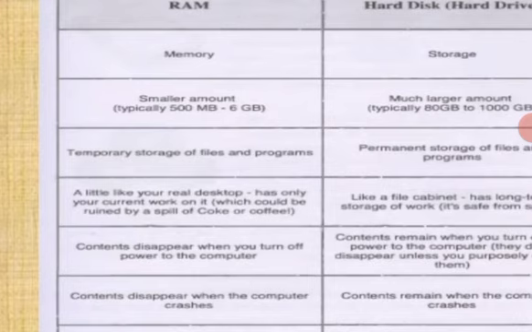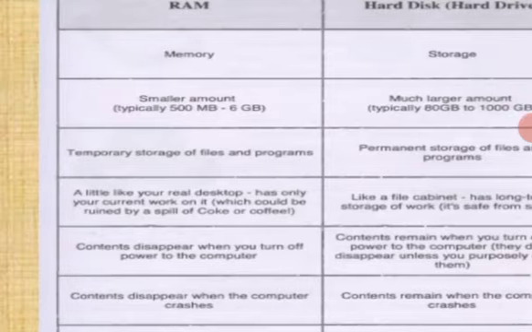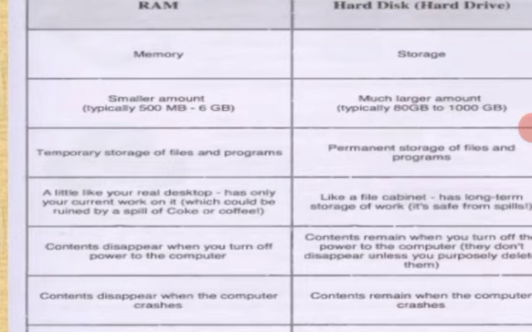RAM, once again, is temporary. It stores files and programs temporarily, not permanently, while anything stored in a hard disk is stored permanently. RAM is a little like your real desktop, which has only your current work on it, which could be ruined by a spill of coke or coffee.